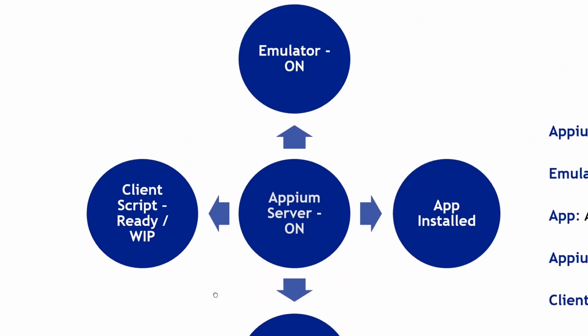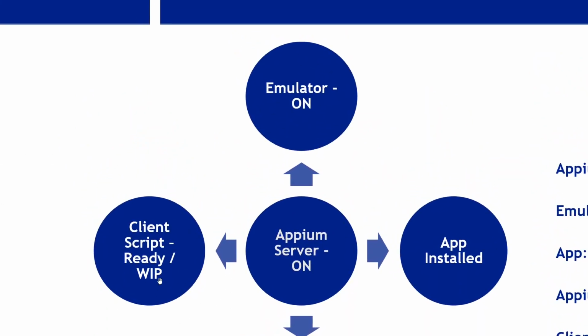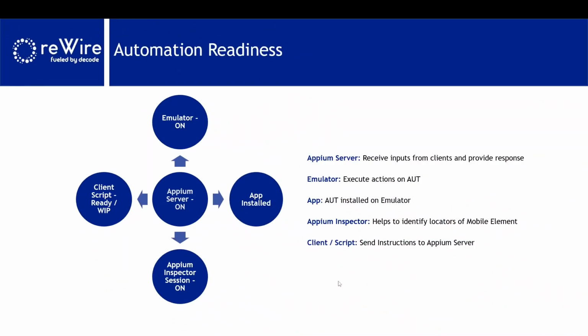And then the client script is ready. Keep your script ready so that once you run it, it will run on the app, and if it performs the intended operations, then you are good. Whatever setup you have done is good, and you are ready for the next learning and extensive automation.